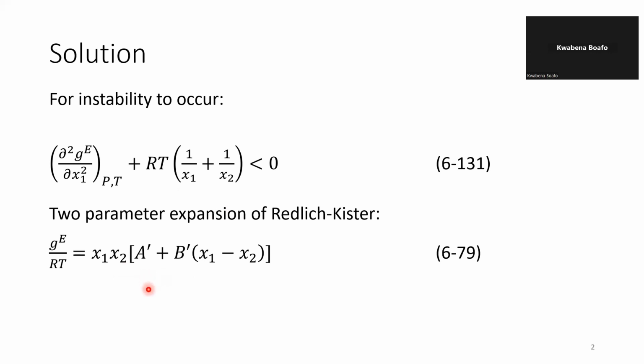So we have equation 6.79, where the Gibbs energy divided by the product of the gas constant and the temperature is equal to the product of the two mole fractions, x1 x2, times the expression A prime plus B prime times (x1 minus x2), where A prime and B prime are empirical constants that are temperature dependent. These parameters must be determined from experimental data.